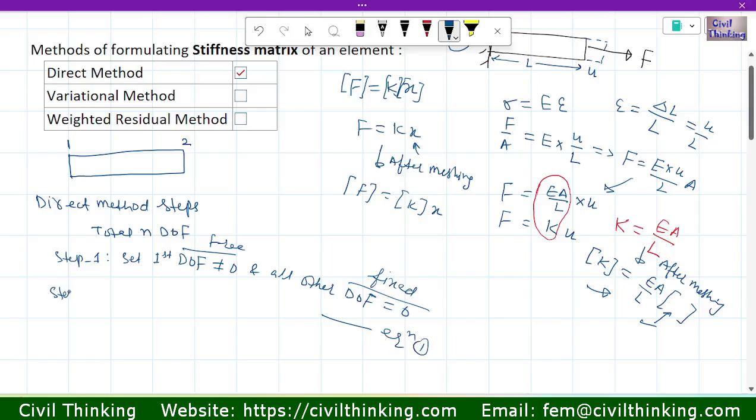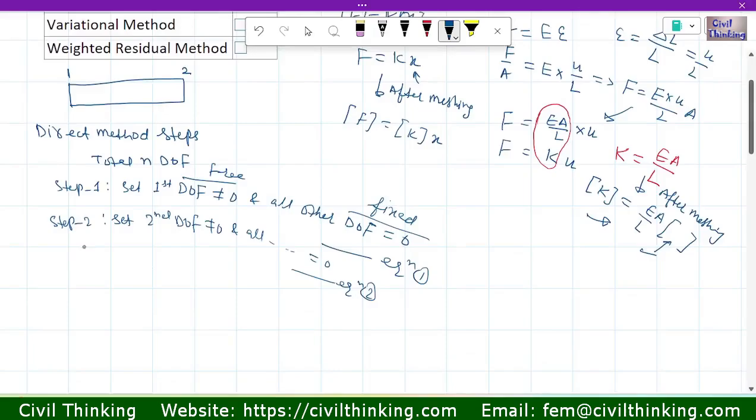Then step 2 is going to be: set the second degree of freedom free, that means not equal to 0, and all other degrees of freedom equal to 0. This will give you equation 2. You have to follow all these steps up to step n, because we have n degrees of freedom.